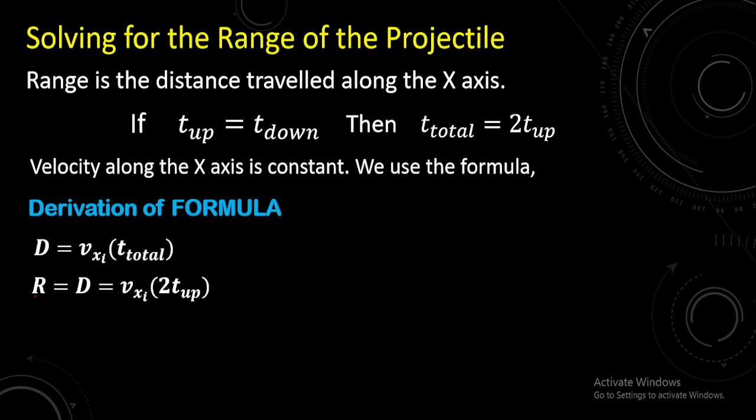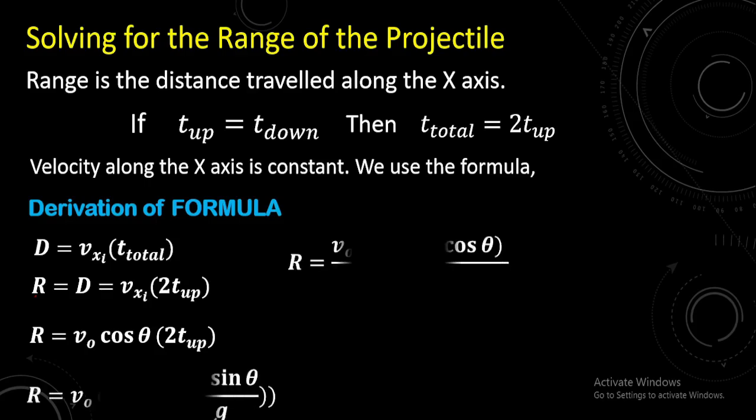If you have the value, you can just multiply it by the velocity along the x-axis. We're going to substitute the value for v sub x sub i, that's v sub o cosine theta, times twice the time to get up, and substitute the value for the time to get up here.